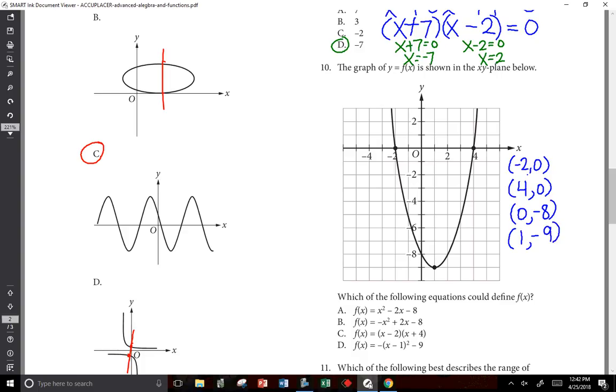So 16 minus 8 would be 8, and 8 minus 8 is 0, so it works for this one. Try 0. 0 squared is 0, minus 2 times 0 is 0, so 0 minus 8 is negative 8. It works for this one. Let's try 1. 1 squared is 1, minus 2 times 1 is negative 2, so 1 minus 2 is negative 1, and then negative 1 minus 8 is negative 9, so it works for those, so A is the answer that works.